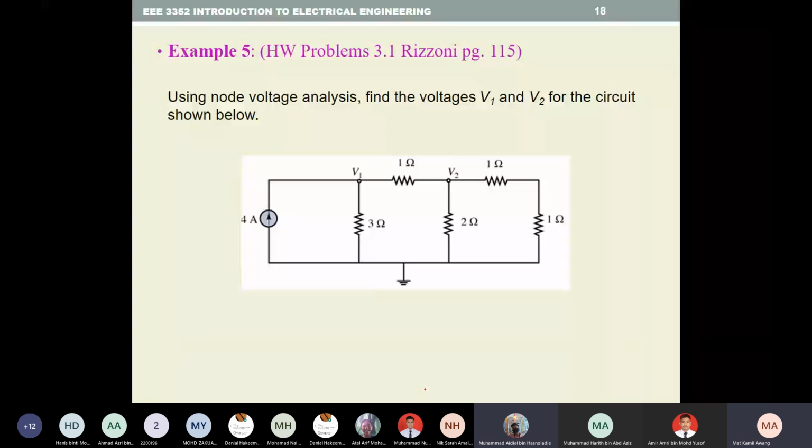So I'm going to cover the nodal analysis today. So next example, I'm giving you a lot of examples. Using node voltage analysis, find the voltage V1 and V2 for the circuit shown. So basically you have 3 nodes: V1, V2, and the ground.